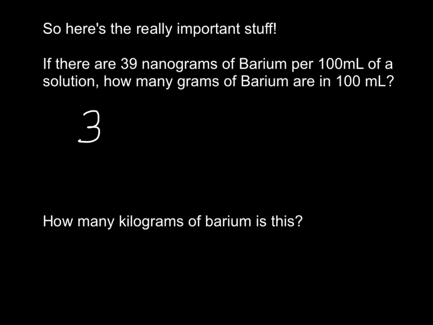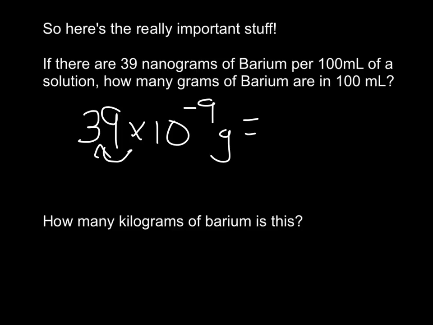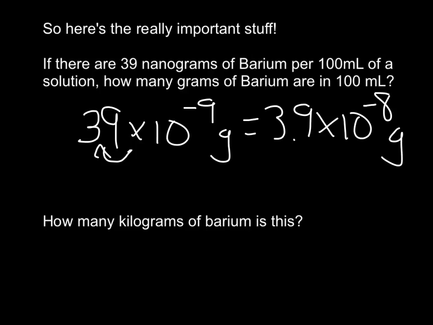We've got 39 times 10 to the negative 9th grams. Now if we want to put that in scientific notation, we need to take this decimal and move it 1 place over to the left. And when we do that, we add 1 to our exponent. Since our exponent is negative 9, that becomes 3.9 times 10 to the negative 8th grams.